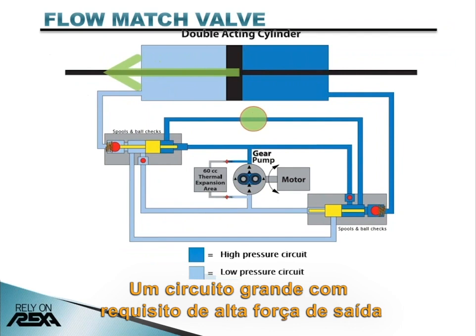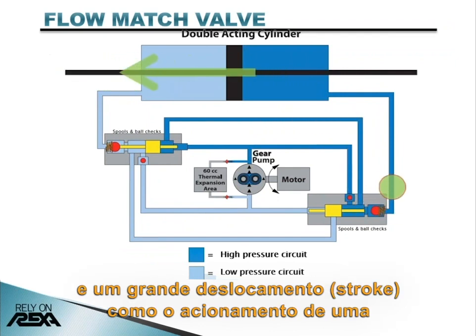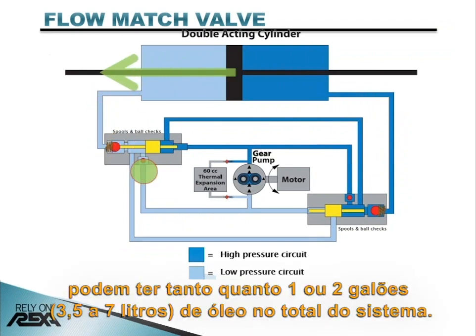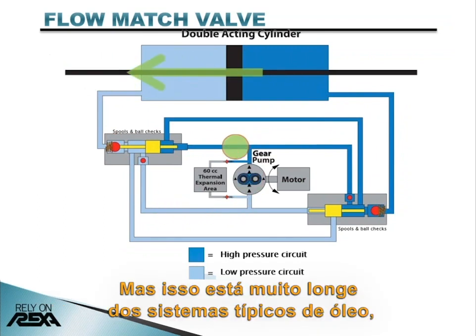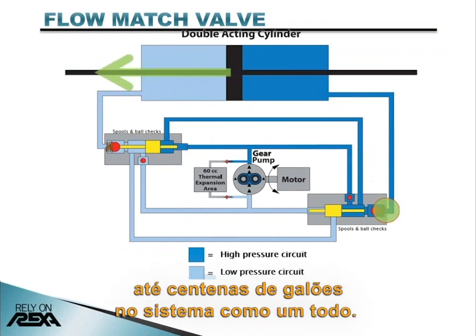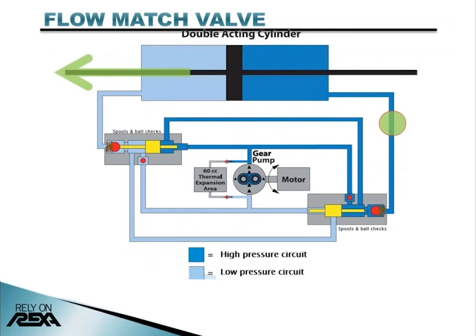A larger REXA circuit, one with higher thrust or output and longer stroke requirements, like one driving an HP bypass valve, may have as much as 1 to 2 gallons of oil total in the system. But this is a far cry from typical control oil systems, which could have 50 gallons to several hundred gallons of oil in the entire system.